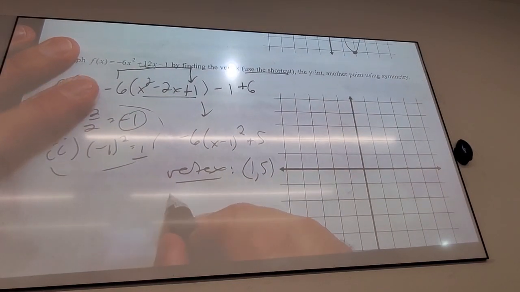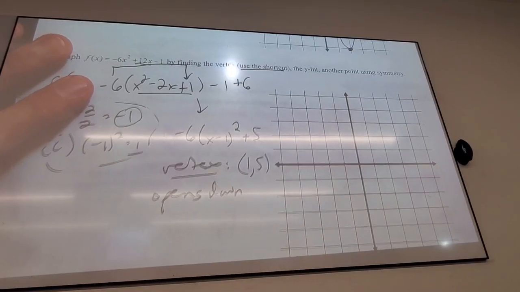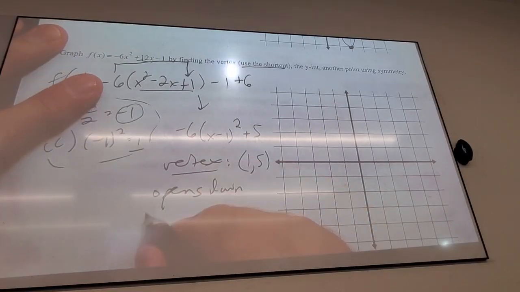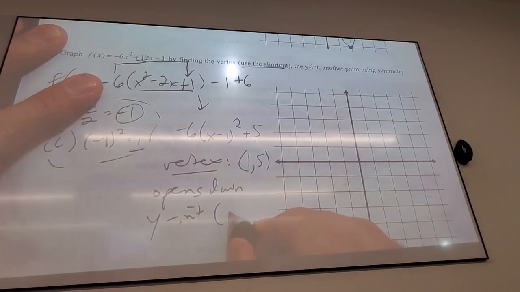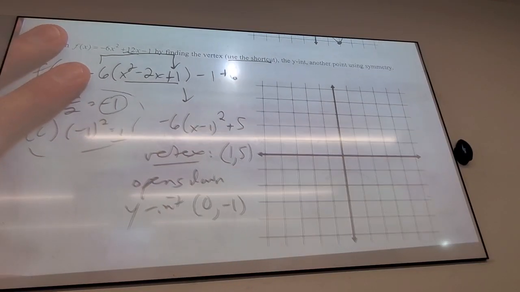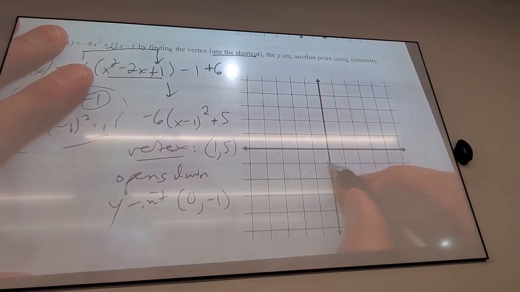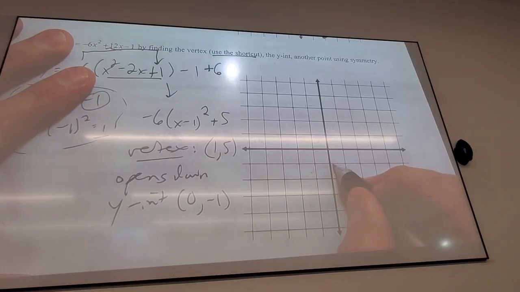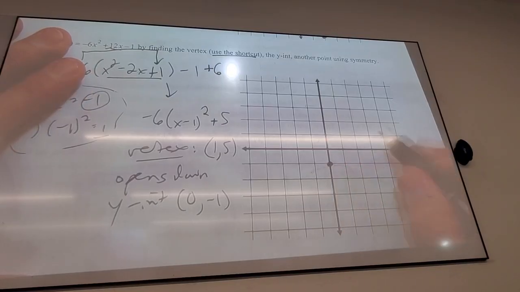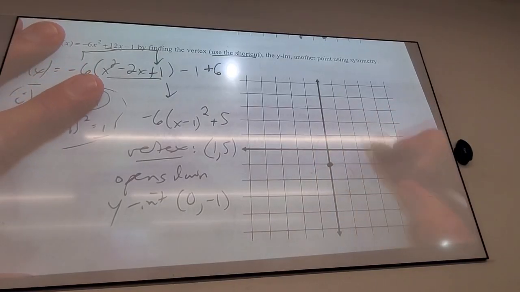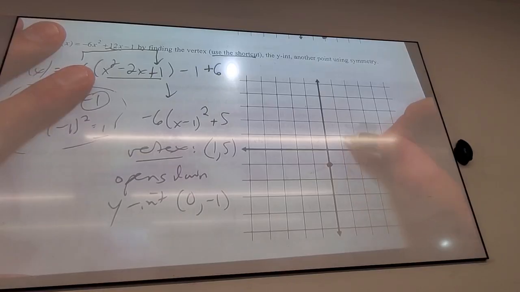Does this open up or down? Down. Opens down. What's the y-intercept? I know that from the beginning. -1. 0, -1. That's right. So then, if I make a scale here, I think the scale could be 1s everywhere, right? Yes. My vertex is 1, 5.